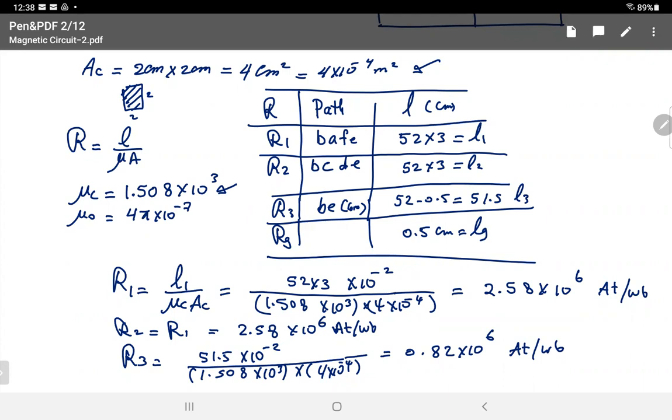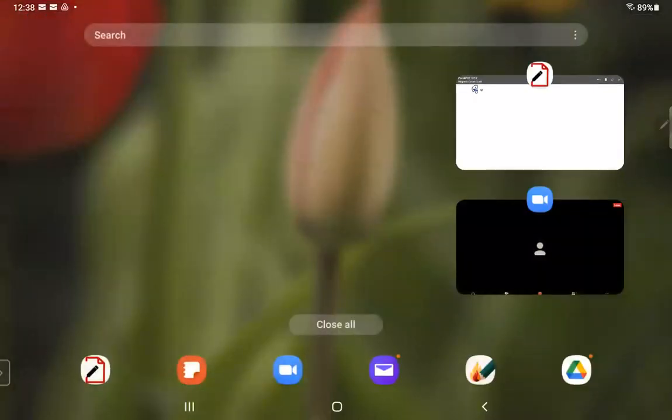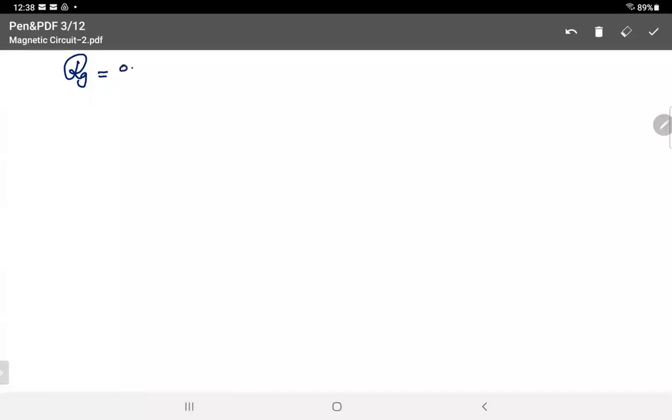And now we're going for RG, the air gap. LG is equal to 0.5 centimeters, times 10 to the minus 2 meters. And I'm going to use only mu naught, 4 pi times 10 to the power negative 7. And the area does not change, it's the same dimension, so it will be 4 times 10 to the negative 4.